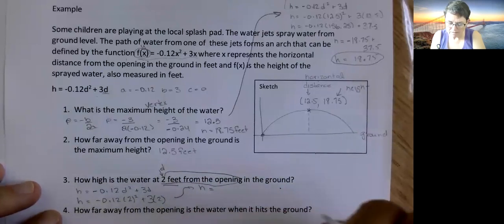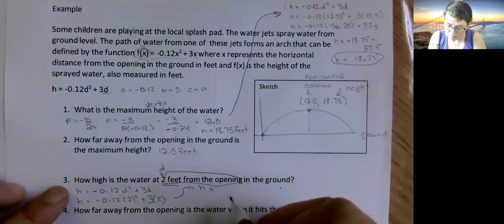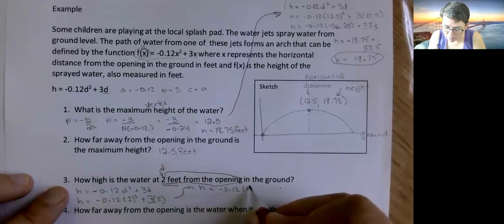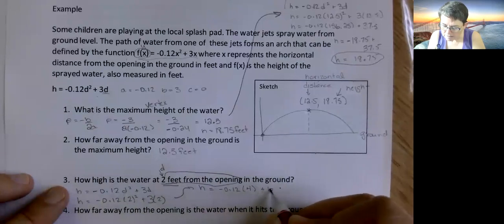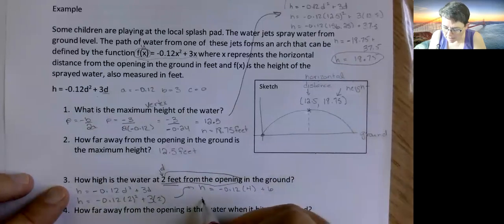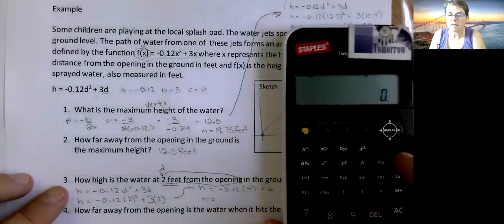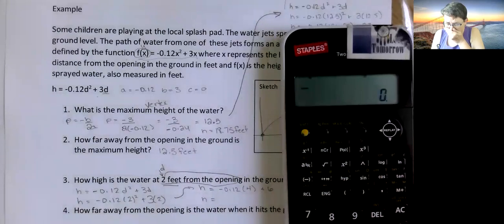Height is equal to negative 0.12 times 4 plus 6. Excuse me, 0.12 times 4, that should be 0.48.